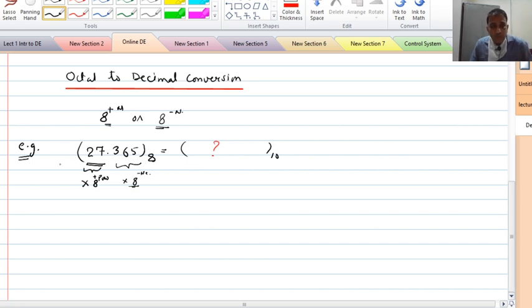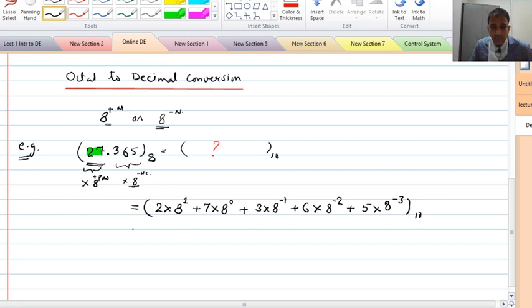So we have to write it like this: 2 multiplied by 8 raised to power 1 plus 7 multiplied by 8 raised to power 0 plus 3 multiplied by 8 raised to power minus 1 plus 6 multiplied by 8 raised to power minus 2 plus 5 multiplied by 8 raised to power minus 3, and this will be the equivalent value in decimal.